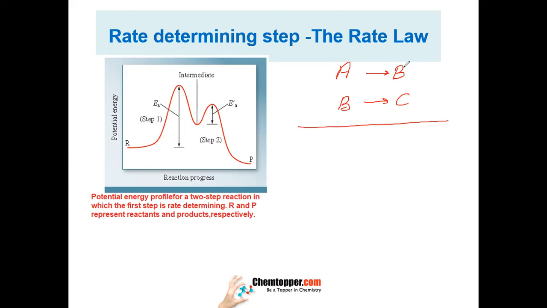These are elementary steps. A to B, elementary step. B to C, elementary step. It means the reaction is taking place in two steps, right? So can you write down the overall reaction? Overall means you are going to add step 1 and step 2. So Aditi, what's the overall reaction? This B and B cancelled.